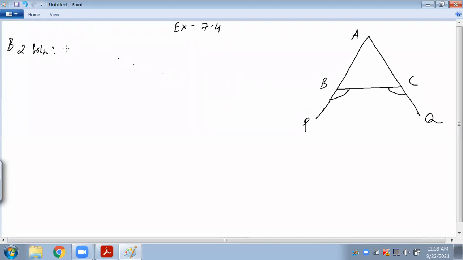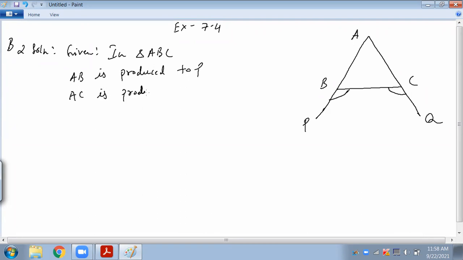And it is told that PBC is less than QCB. So given is what? In triangle ABC, AB is produced to P, AC is produced to Q, and angle PBC is less than QCB.